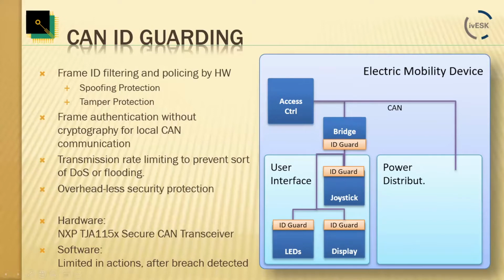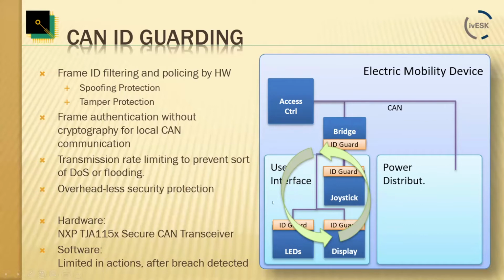So you could not use this joystick for a denial of service attack where you flood the CAN network with back-to-back messages of high priority, because this ID guarding transceiver would not even let the messages go out of the device.